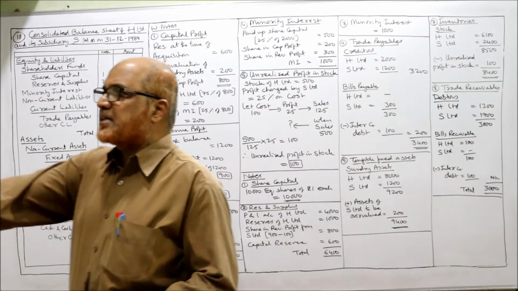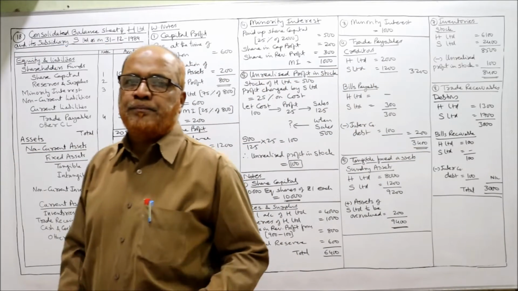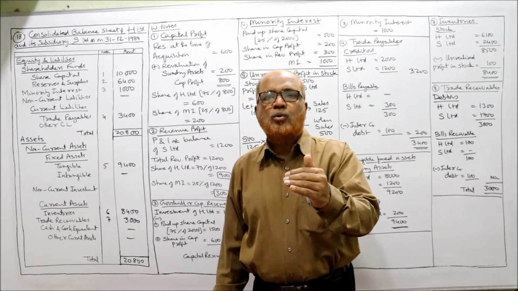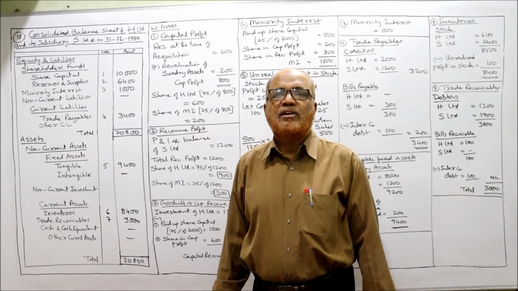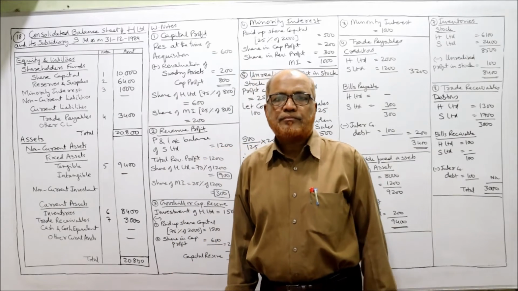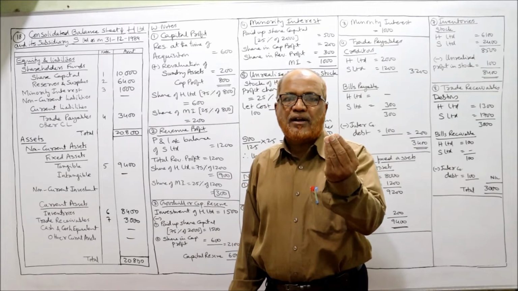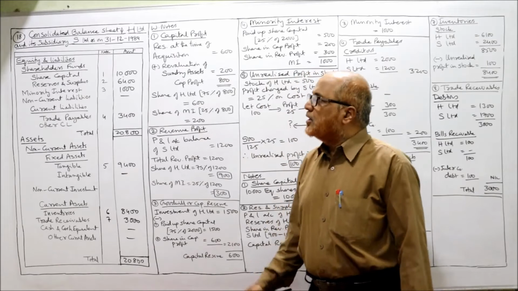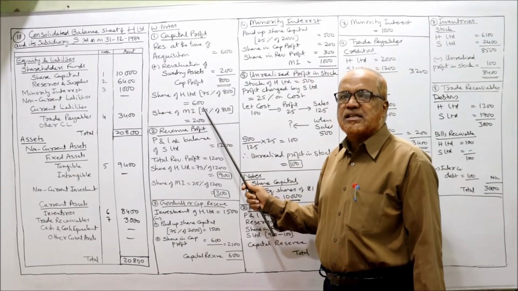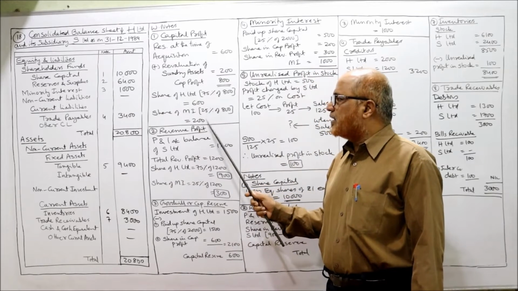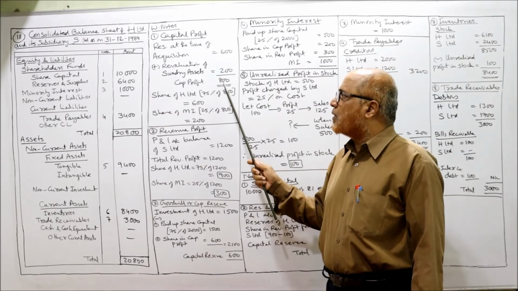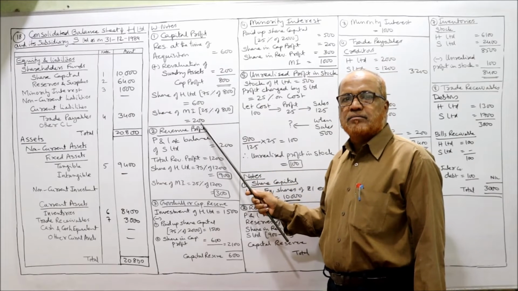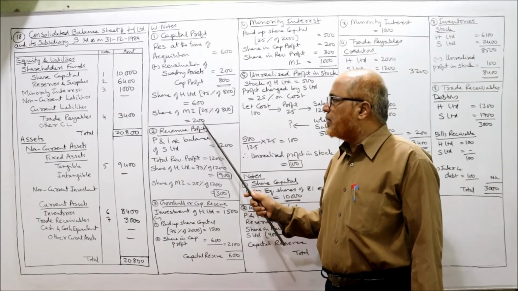So what is the percentage? 1500 divided by 2000 into 100 will give you 75%. And outsiders 500, 500 by 2000 into 100, 25%. So 75% of 800 is 600, and 25% of 800 is 200. So capital profit is divided between H Limited's share and minority interest.